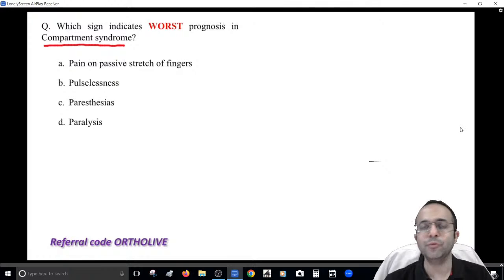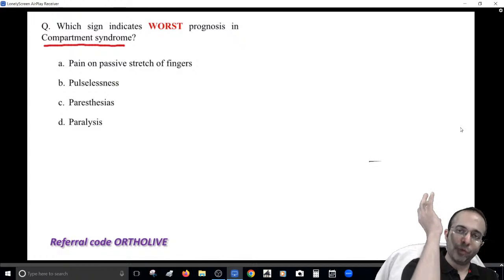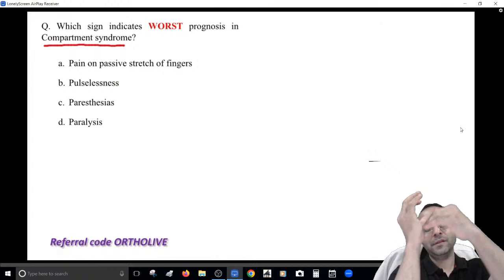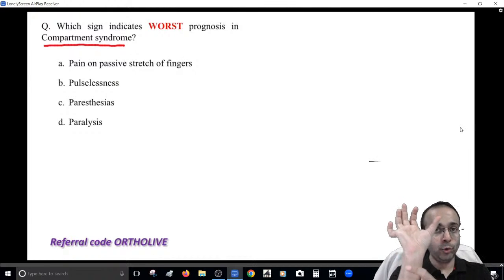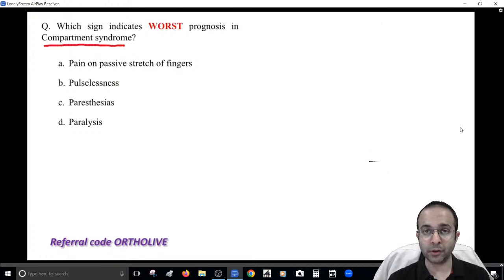So perhaps you very well understand what is compartment syndrome. There is a fracture around the elbow, supracondylar humerus, that leads to swelling. It blocks the venous return from the forearm, leading to congestion in the forearm and the hand, leading to increased compartment pressure, generating ischemia.